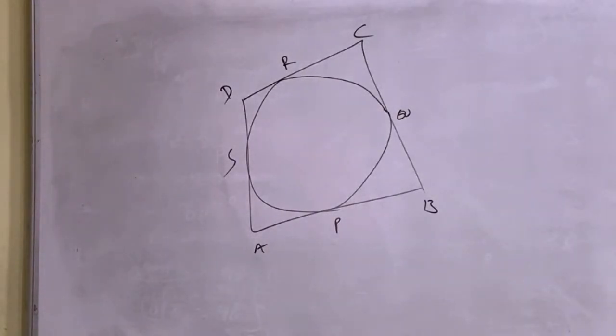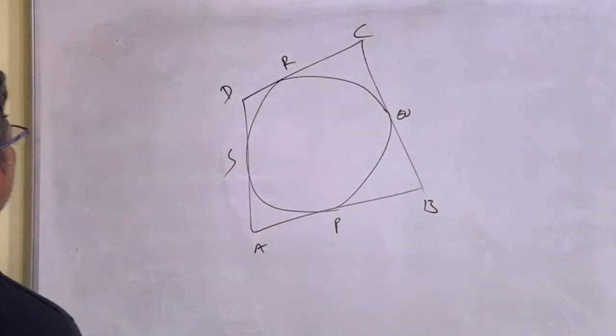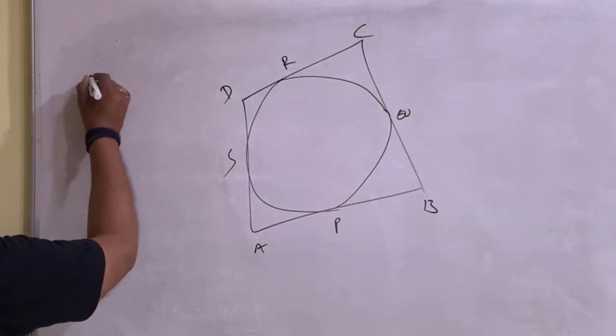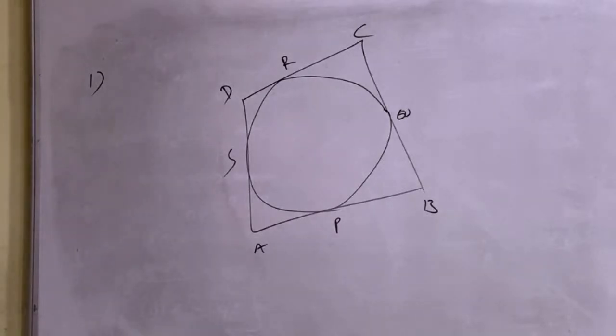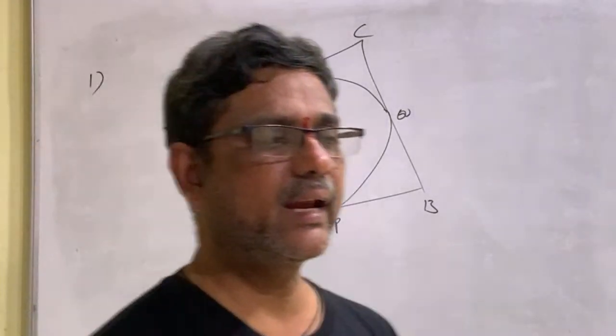AB is tangent at P, BC is tangent at Q, CD is tangent at R, DA is tangent at S. Okay? Now, if a quadrilateral circumscribes a circle, what happens? What is the property that we can get?